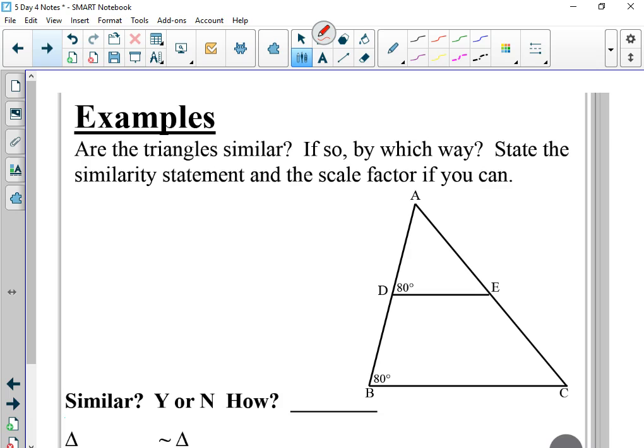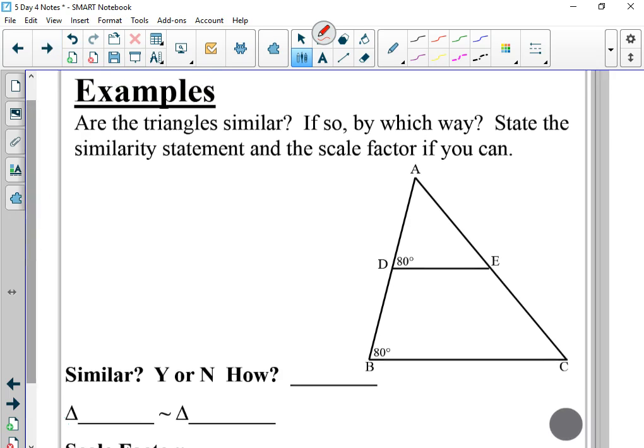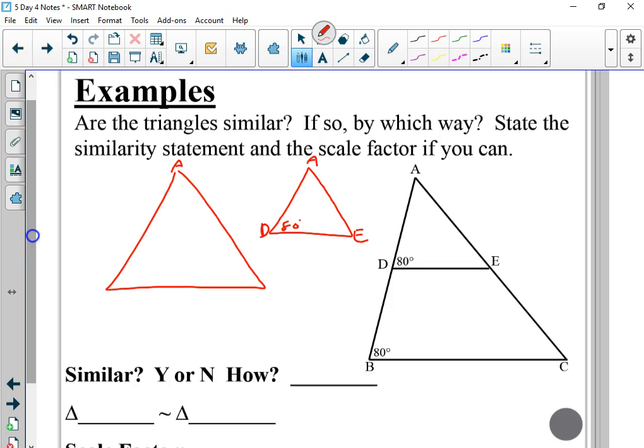So, almost done. Are the triangles similar? Well, let's look at this. What we have here is this triangle right here, A, D, E, and we have 80 degrees right there. And then we have A, B, C, and we have 80 degrees right there.